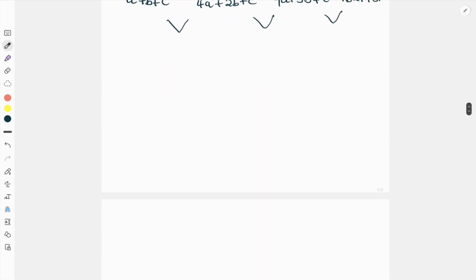It's going to be 4a plus 2b plus c minus (a plus b plus c) in brackets, because it's more than 1 term. So more than 1 term, then you have to include brackets when you subtract.